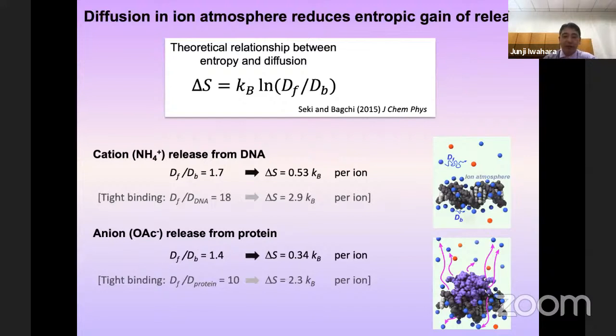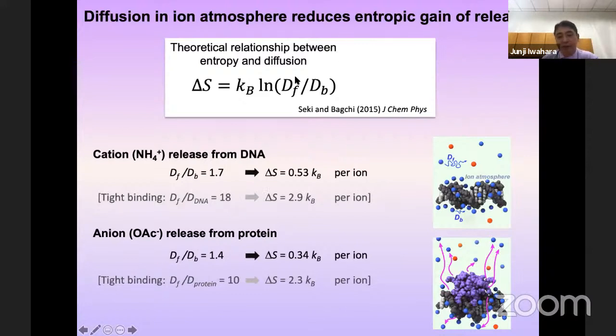The diffusion coefficients of the ammonium ions, for example, in the free state and DNA bound state are different only by a factor of 1.7. But if the ions are tightly bound to DNA, the ratio should be like 18.